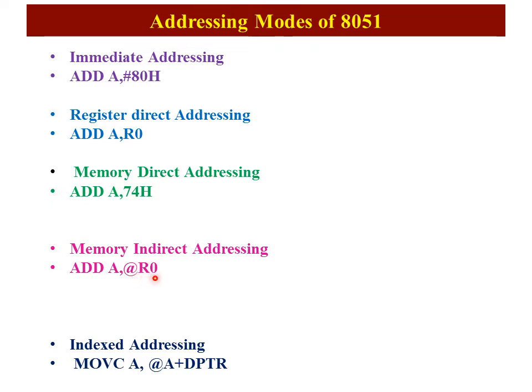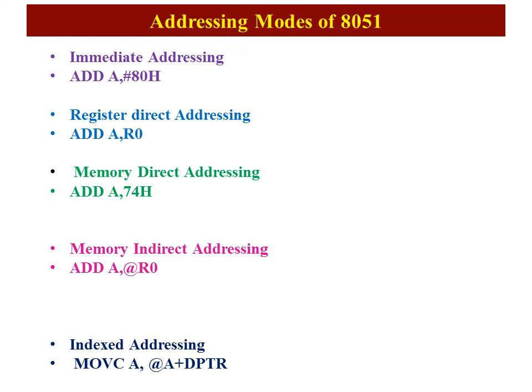Now in the R0 register some data may be present. For example, R0 contains 100. Now 100 will be treated as an address. In that address location, for example, in location 100 there is some data, 200. That 200 is going to be added with the accumulator register A. Like that, memory indirect addressing mode is executed by the 8051 microcontroller.